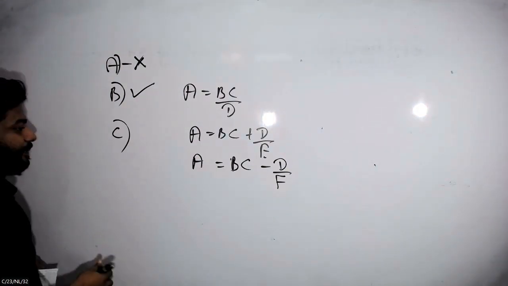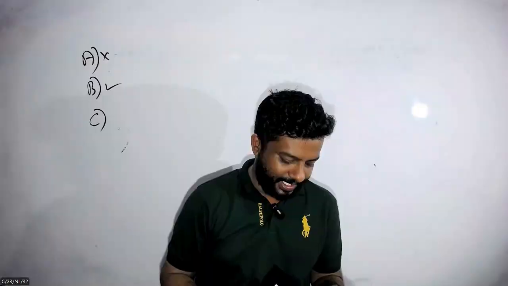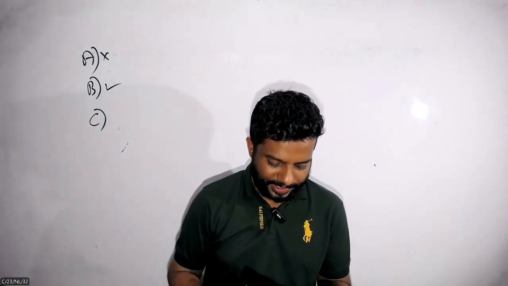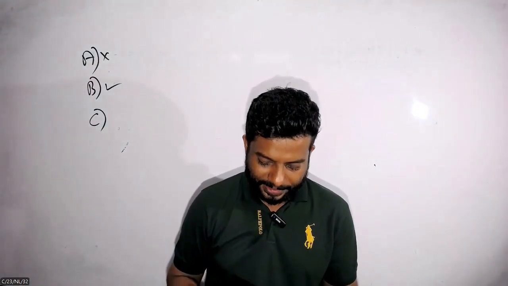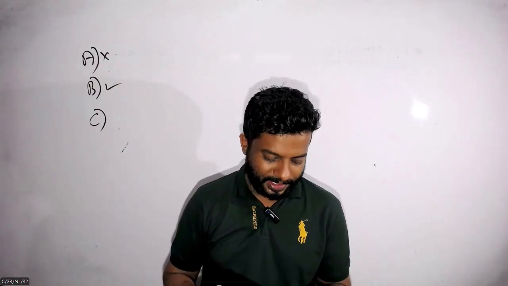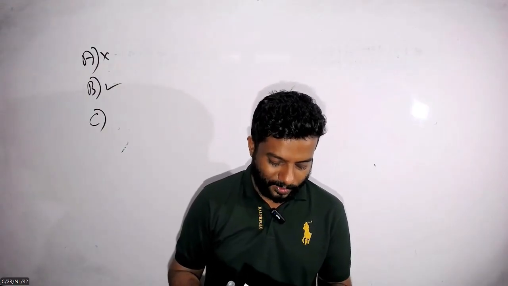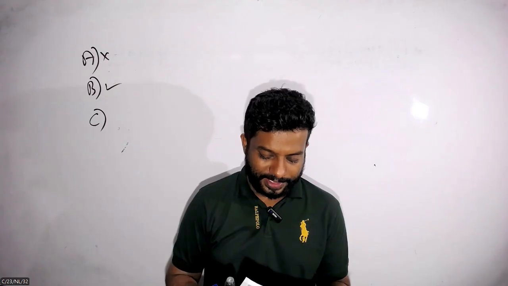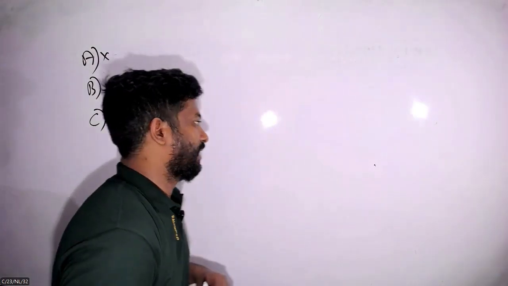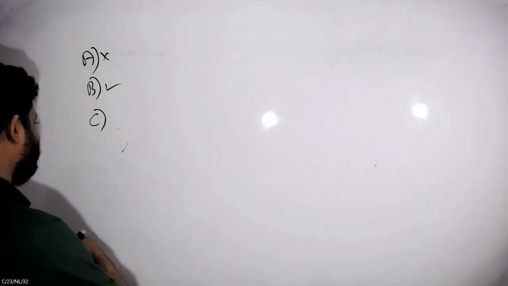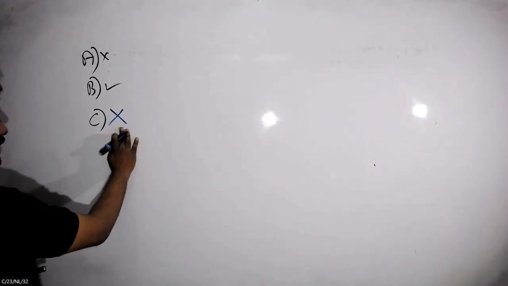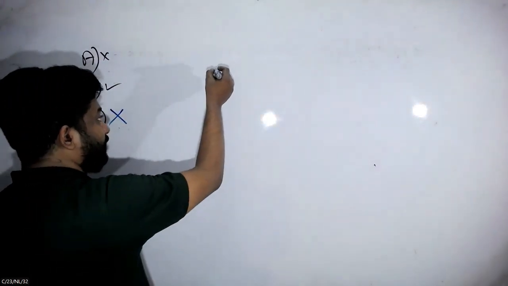Then read the capital C statement. In any case where a physical quantity is associated with more than 3 other physical quantities, the relationship between those quantities cannot be derived using dimensional analysis. Right, Puthe? This statement is an incorrect statement. Why am I telling this? Puthe, did you remember?